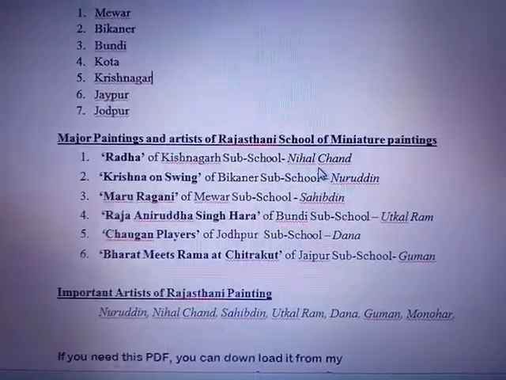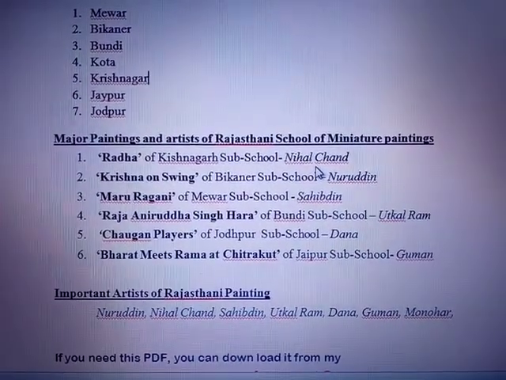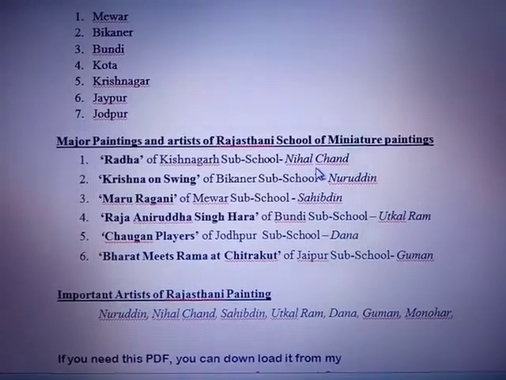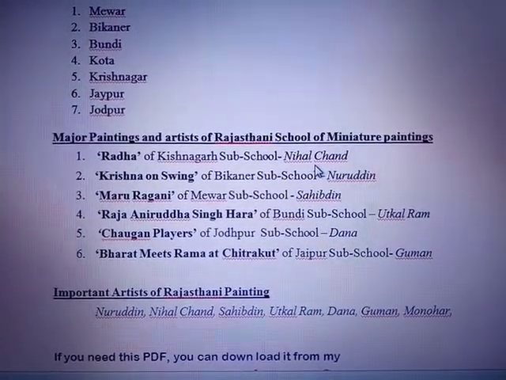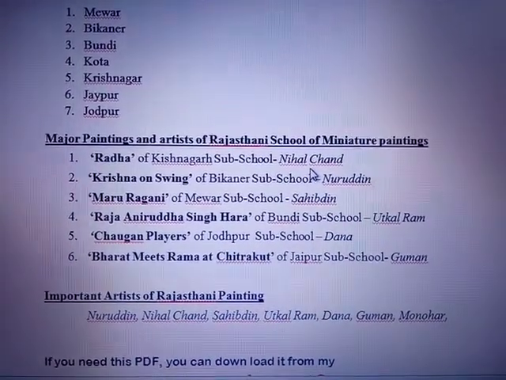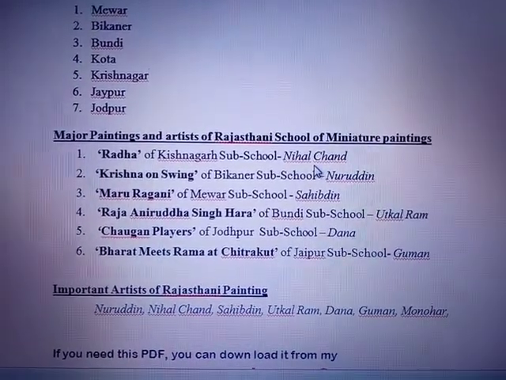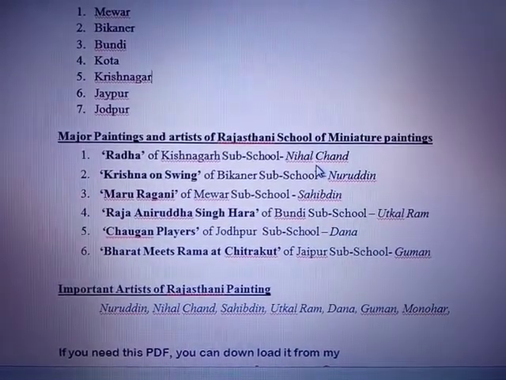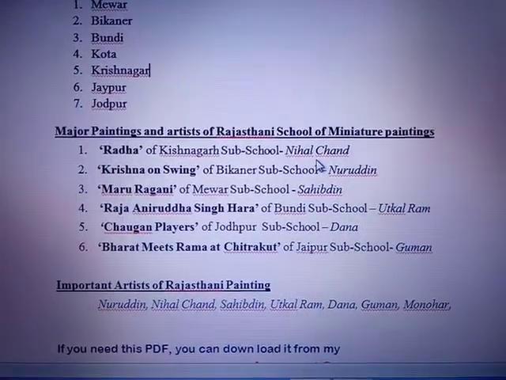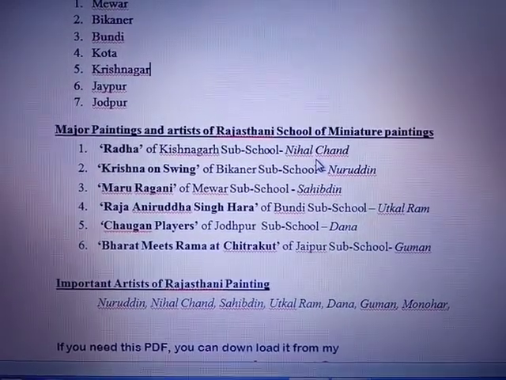One thing I'm telling you, you have to remember the name of the painting, the name of the artist, and from which sub school this painting belongs. You have six short questions in your final exam, six short questions for 1 mark. Such a question may come like this: Radha is a painting belonging to which sub school?